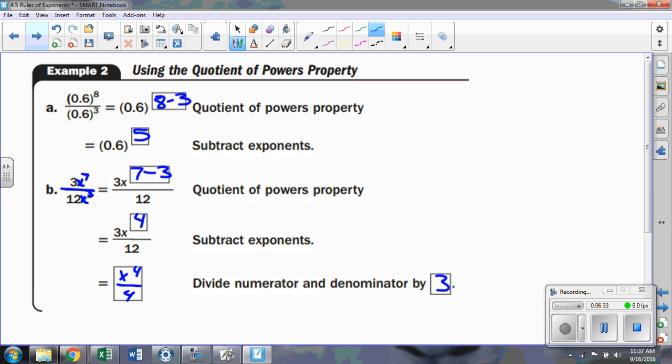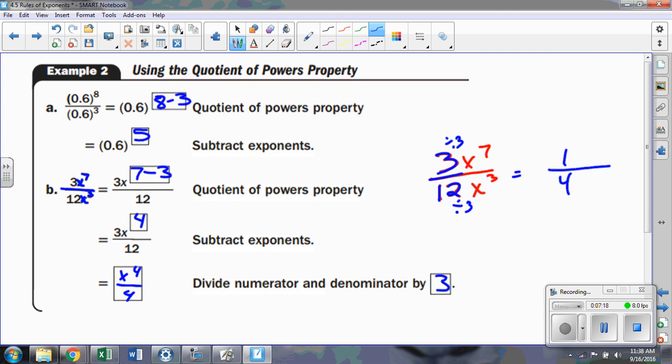And again, I'd like to show you what this looks like without all the structure and the guidelines, without every little step. There are two components to this problem. We have the number part and the variable part. If we are looking at only the number portion, that's a fraction that can be simplified. What is 3 over 12 simplified to? Well, if we divide those out by 3, we wind up with 1/4.